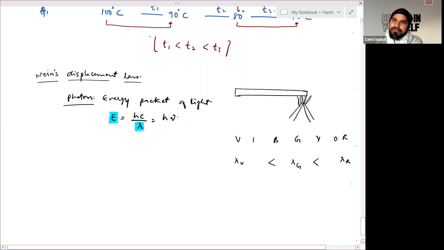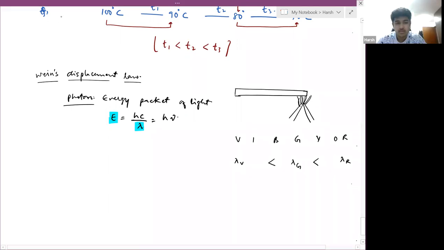So greater the temperature of body, the hotter it is, or say it has more thermal energy. So we can say energy and temperature are directly proportional to each other. But in this case, energy and wavelength are inversely proportional to each other.